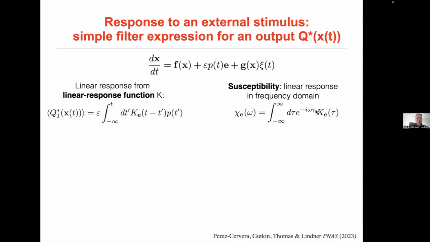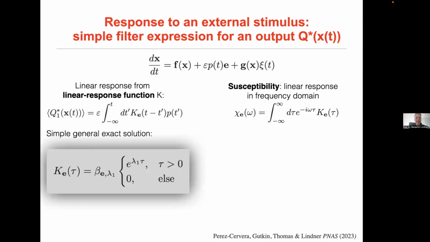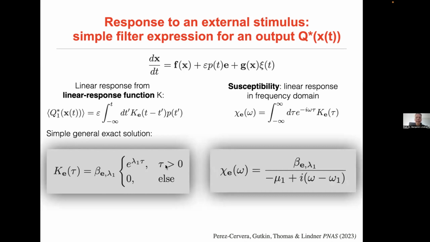Now, the beauty of our Q approach is that if you do the calculation, then the response function turns out to be proportional to the very same exponential function that we found for the autocorrelation function. And accordingly, the susceptibility, the Fourier transform of our response function, is this first order filter, a very simple expression.